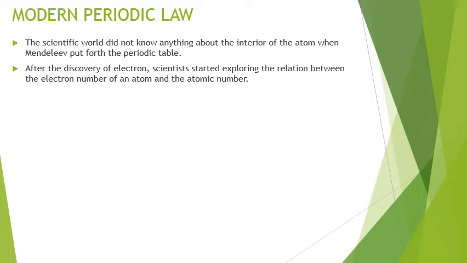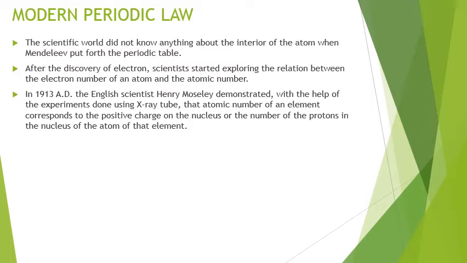Are you getting it? For example, sodium has 11 electrons in its orbits. It means that the atomic number of sodium is 11. The number of electrons is equal to the atomic number.